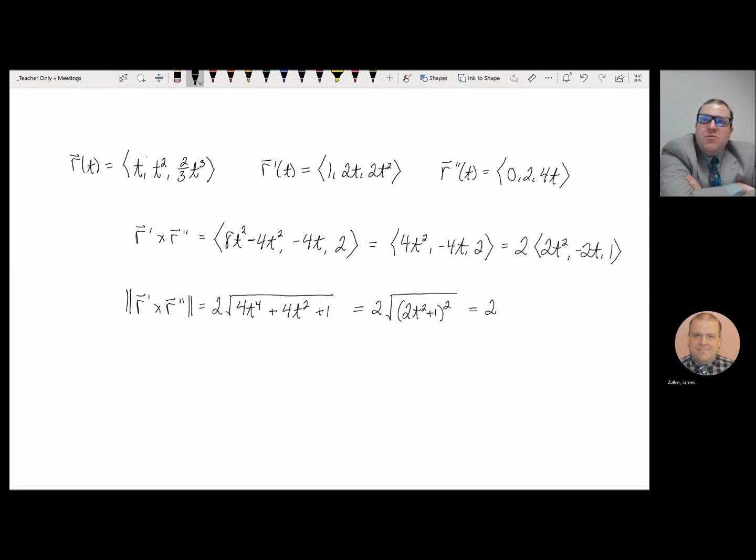Why don't we need the absolute value? If it's like curvature, it has to be a positive value. True, that's why we need an absolute value. In this case, I'm saying we don't need the absolute value.